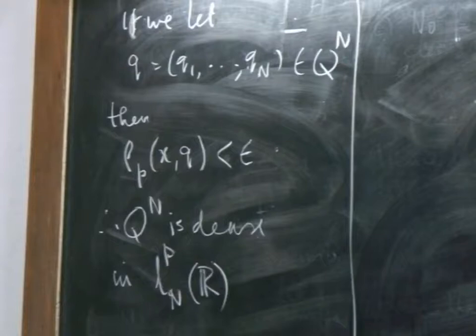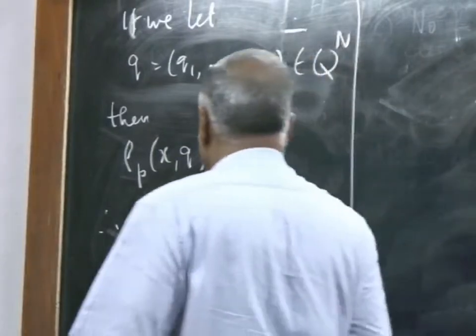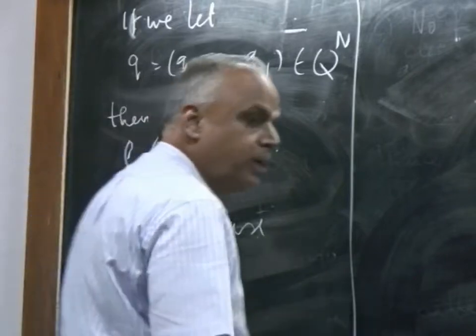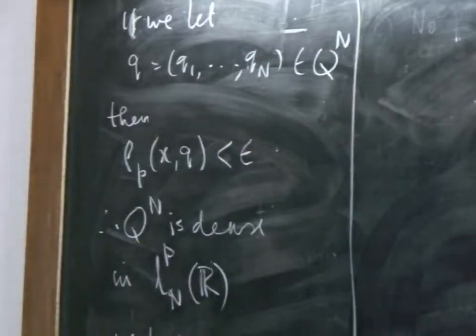So the conclusion is this is dense in this for all values of p including infinity. Infinity was the previous example. Now we have done other p's. So for all such p's, Q to the power of n works as a dense set in these L p spaces.